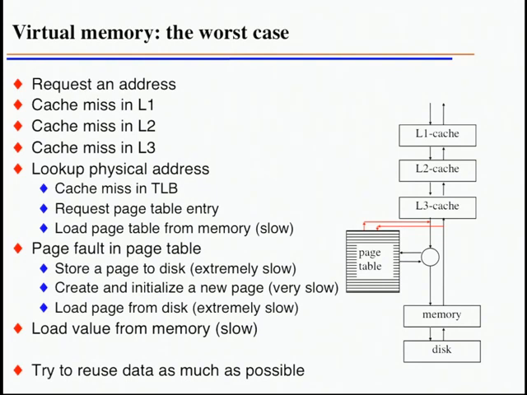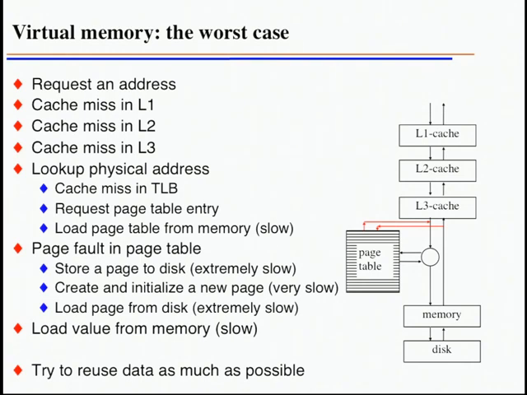Now, if this entry is unfortunately not in this buffer, then we first have to get the corresponding part of the page table from memory, wait 300 cycles. Then we look again into the new entry, and it tells us, well, I have swapped that out onto disk. Bad for you. Now you go to disk, say, okay, I want that part of the swap file read back into memory.